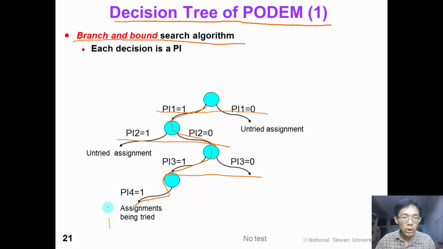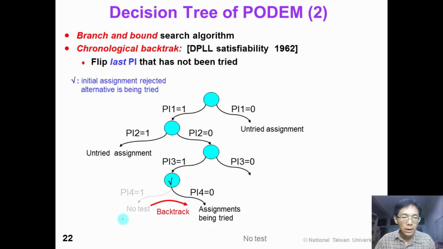We are now trying this combination. If we find out that there is no test possible, we flip the last decision, which is PI4 equal to 0.